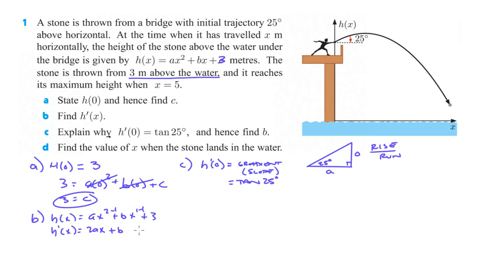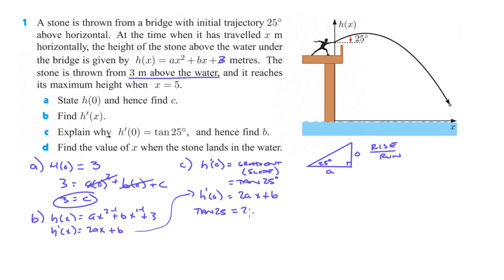Because if we use this formula here, we've got h prime of x, in this case h prime of 0, our derivative, equals 2ax plus b, right? We know that this here is going to be the same thing as tangent 25.